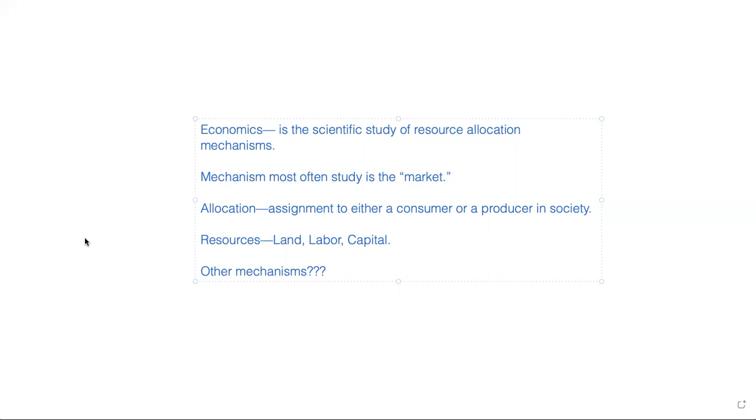When FEMA goes down and hands out bottles of water when there's been a hurricane, or FEMA, the Federal Emergency Management Agency, goes down with some cleanup equipment and cleans up your front yard.